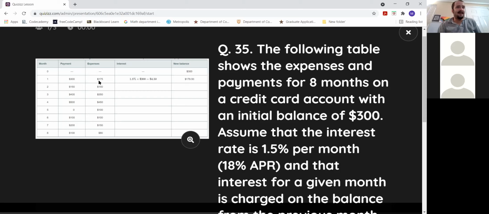So what do we have? We have the expenses that we did this month. So they're making payments and they're accruing new expenses. And this was what they started with. So they started $300 in the hole. They paid off $300. But then they charged another $175. So we're going to get charged $175 plus the interest is going to get me here.